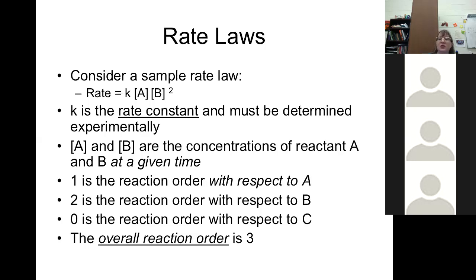So again, if I raise the power to 0 and I get a 1, 1s are invisible in chemistry, and so that means that I have something I don't have to write down. The overall reaction order is just adding these things up. So I just take all of the exponents off of my concentrations and just add them. So I have a 1 plus a 2 plus another 1.